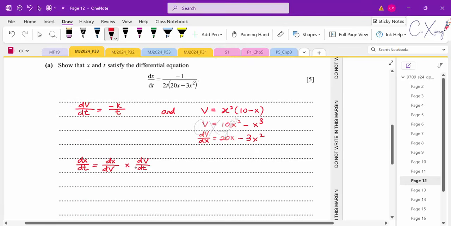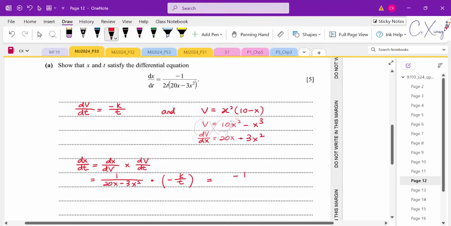Alright, so what is my dx dV here? The dx dV here, I need to make this upside down. I'll be having 1 divided by 20x minus 3x squared. Then how about the dV dt? The dV dt is negative k over t. So when you simplify it, the overall equation looks something like this.